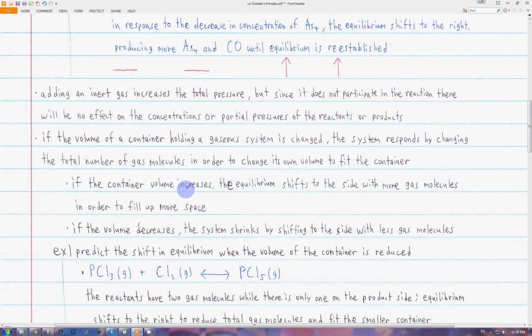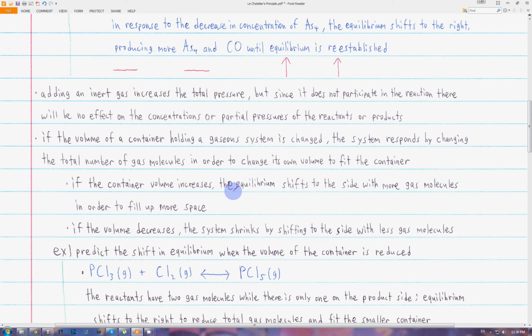Another way to change the pressure of a system is to change the volume of a container that is holding a gaseous system at equilibrium. When the volume is changed, the system will respond by changing the number of gas molecules in order to change its own volume and fit the new container.